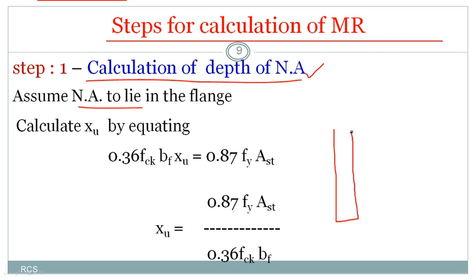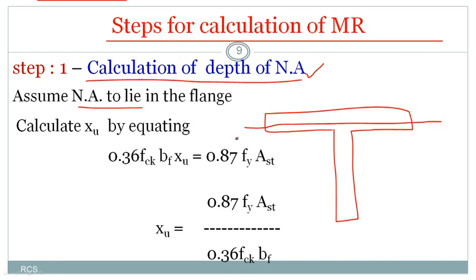For any problem, whatever the case, in the analysis of T-beams you should first consider that your neutral axis falls in the flange region, and calculate the depth of neutral axis. After comparing with the actual depth of flange, we then know whether it falls in the web or the flange.